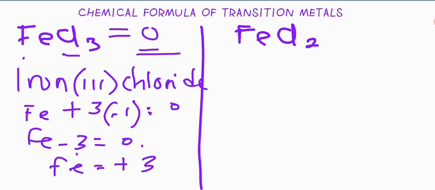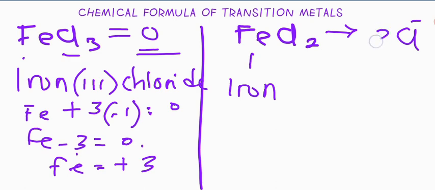Also we have here FeCl2. Now how are we going to write that? Fe is the chemical symbol for iron, which we write as iron. Then what about Cl2? We know that Cl here has a charge of minus 1. So Cl2 means we have 2 chloride ions. Now let's determine the charge of iron in this.